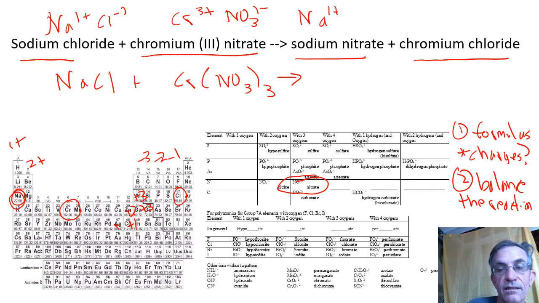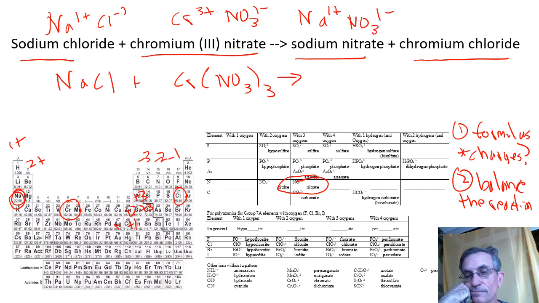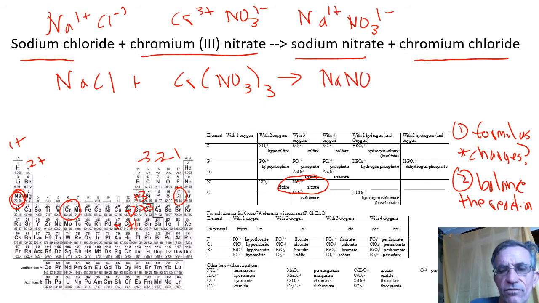And then it's hooked up with nitrate, that polyatomic, NO3 minus 1. Hey man, what's the formula for sodium nitrate? I'm hoping you're going to tell me, oh, that actually works out. We don't need any subscripts. It's just NaNO3. Should look like that.